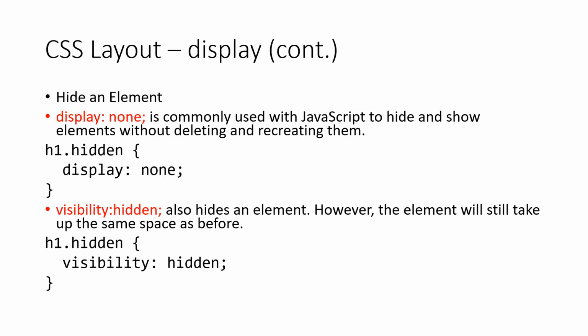We are not going to delete anything, but we just hide, right? So there are two ways to hide an element. One is you can use display none. The other one is visibility hidden. But there's a small difference. When you say display none, the space is not allocated. But when you use visibility hidden, then you will still have the space.